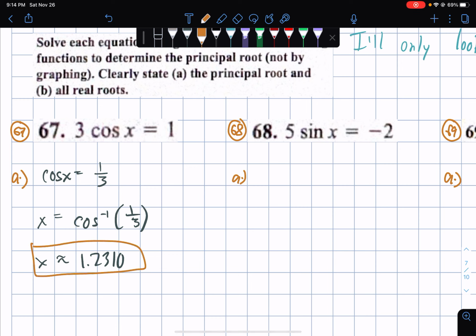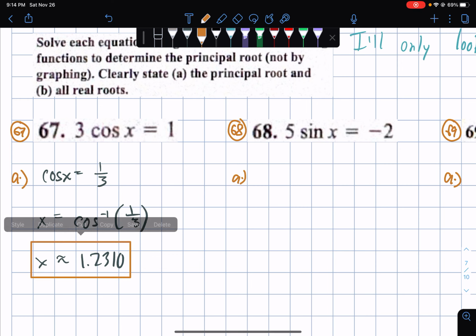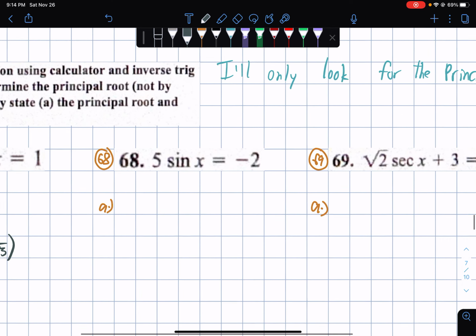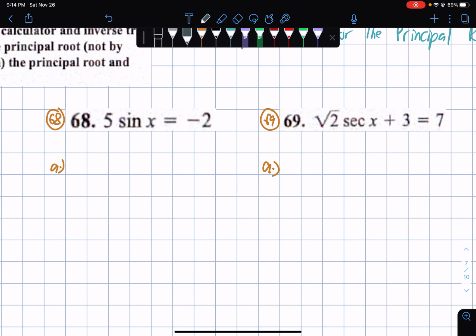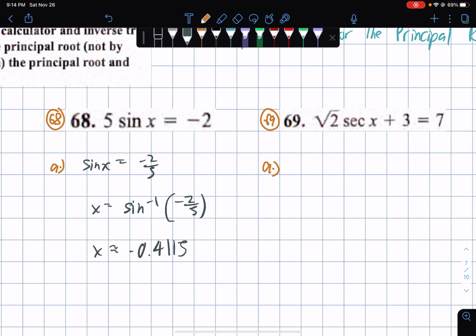That's the principal root for number 67. 68. 5 sine x is equal to negative 2. Sine x is equal to negative 2 over 5. x is equal to the arcsine of negative 2 over 5. x is equal to approximately negative 0.4115.